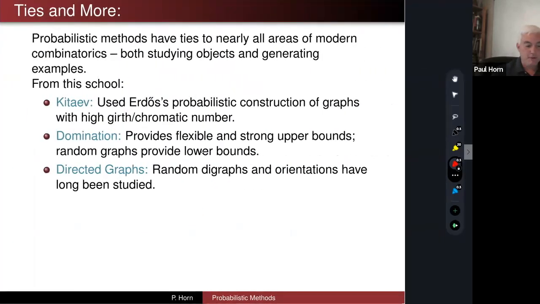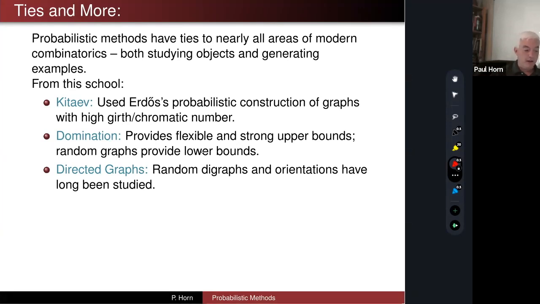However, let me tie things up here because we're at the end of our time. What I really want to say is these simple ideas underlying probabilistic methods have ties to really all areas of modern combinatorics. In Professor Kitiev's talk, he mentioned this construction of Erdős of graphs with high girth and high chromatic number.